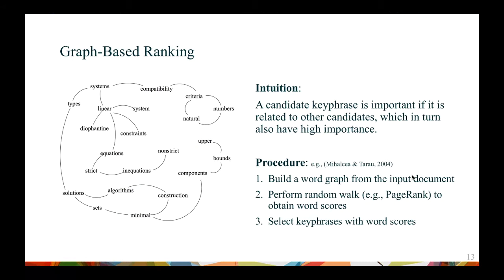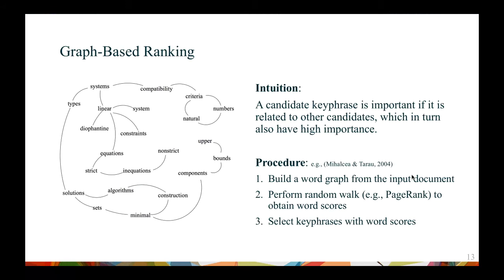What it typically does is first build a word graph based on the words in the document. The edges indicate the relatedness between any two words, whether these two words are related or not. We'll talk about this later.